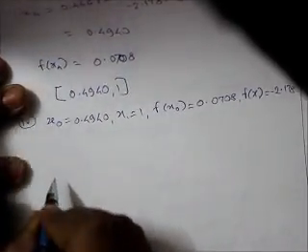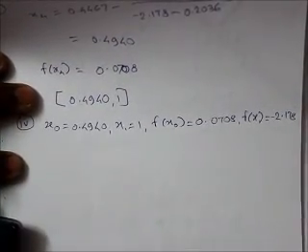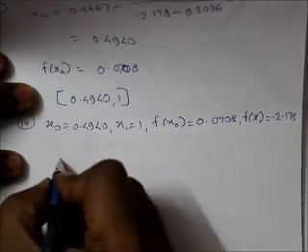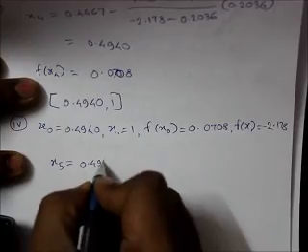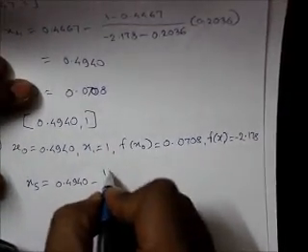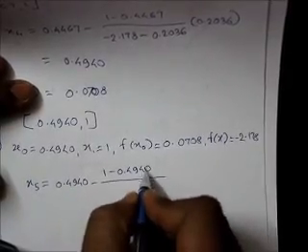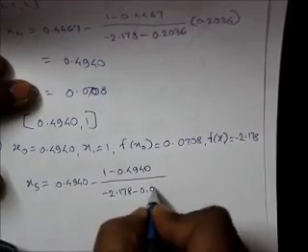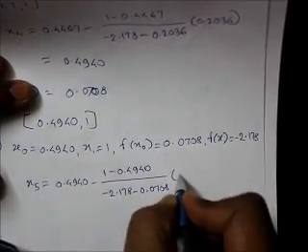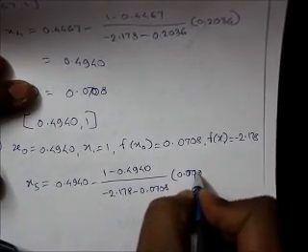Alright, so going in for the final iteration, which is nothing but x5, which will be equal to 0.4940 minus (1 minus 0.4940) divided by (minus 2.178 minus 0.0708) multiplied by 0.0708.